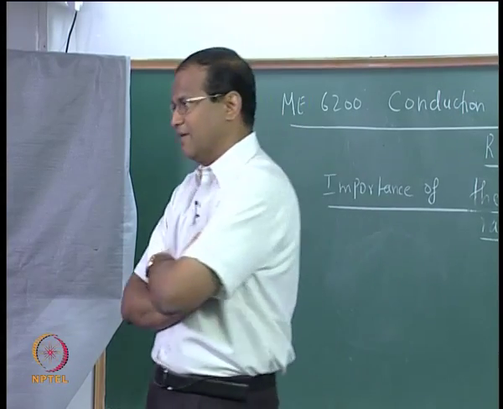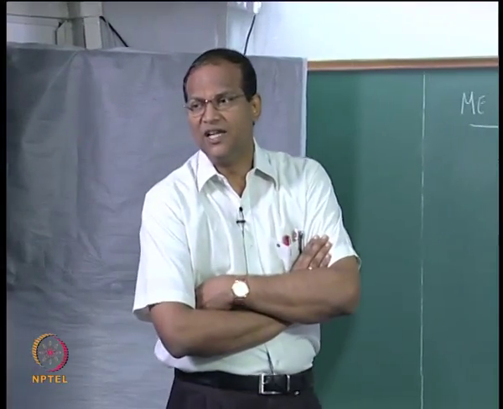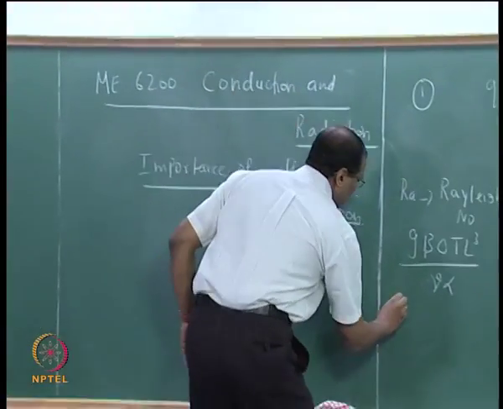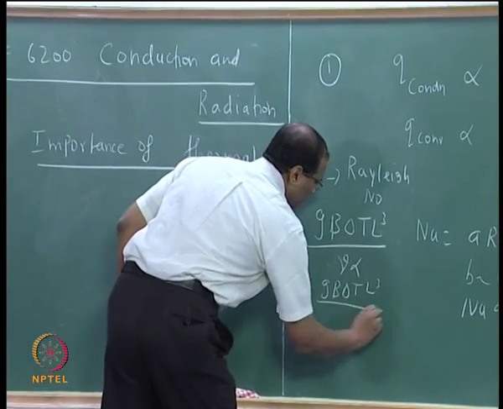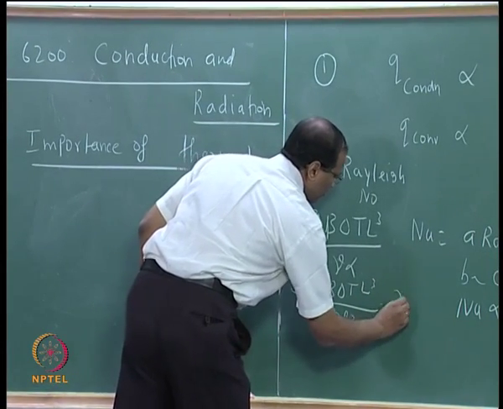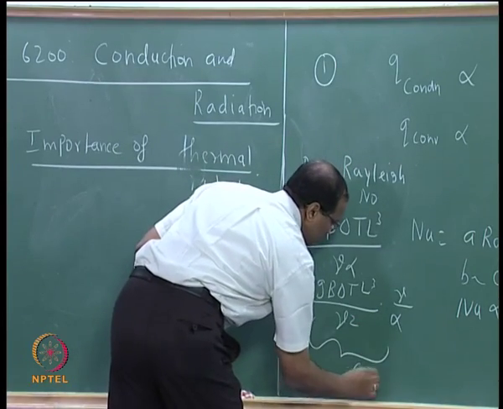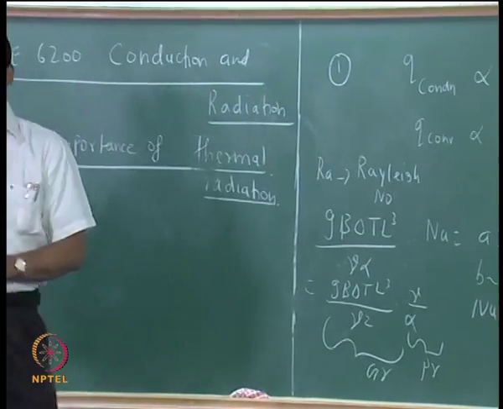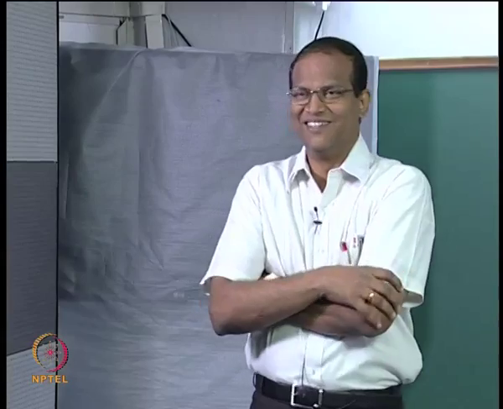The Rayleigh number can also be written as the product of Gr into Pr, where Gr is the Grashof number. One scientist gets multiplied by the second scientist and becomes the third scientist.